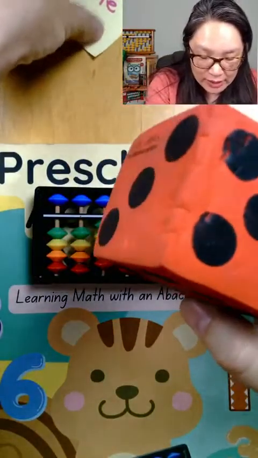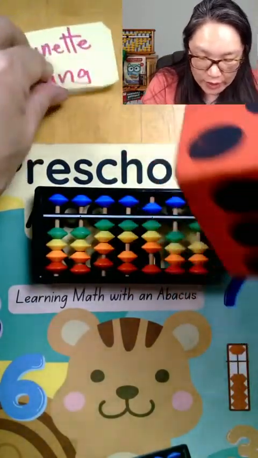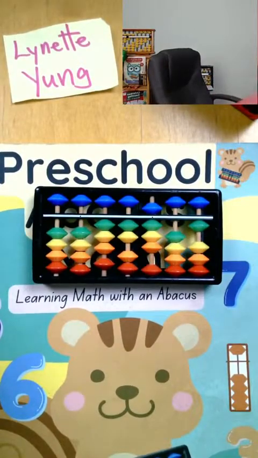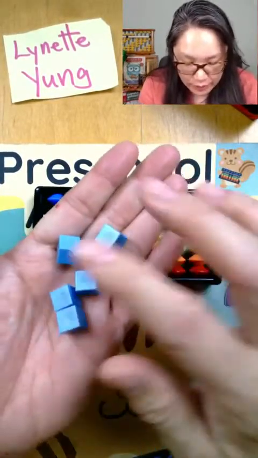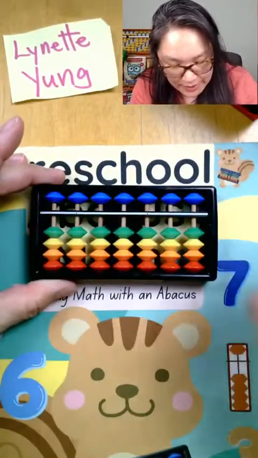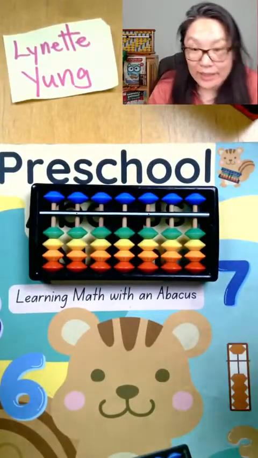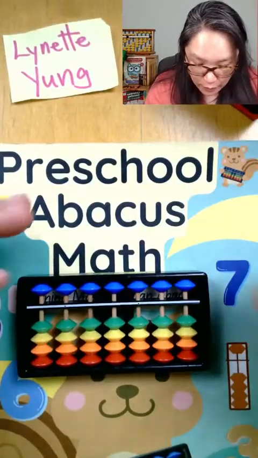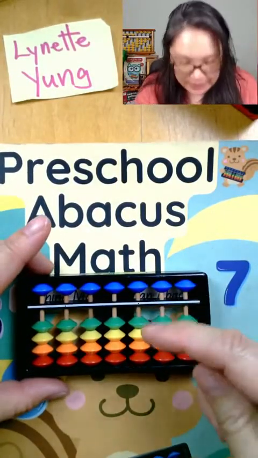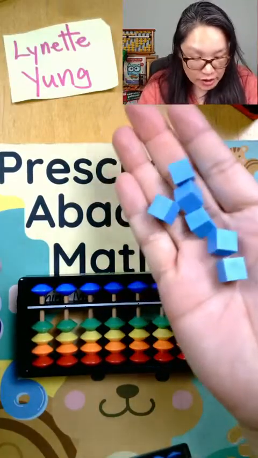Right? So just like when we introduce the die, we bring in other manipulatives, but nobody talks about adding the abacus as part of the curriculum. And that's what I would like to change. I want to be able to provide information on how to use the abacus as well as count on the abacus, just like how we do here.